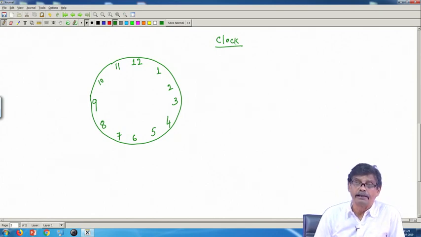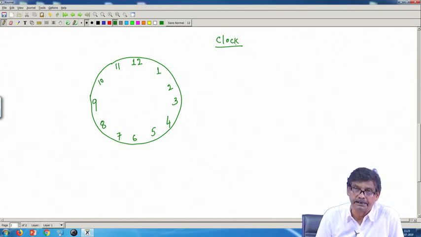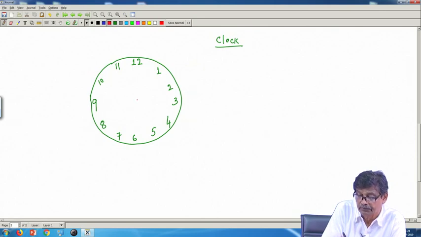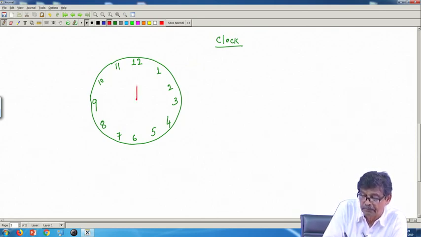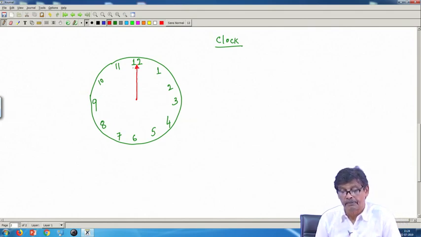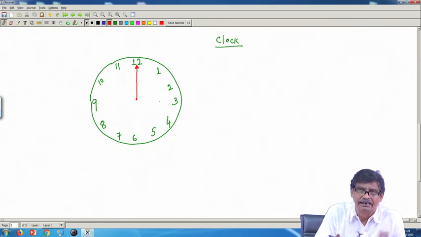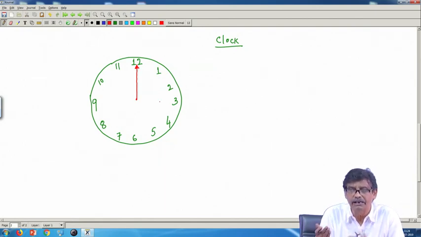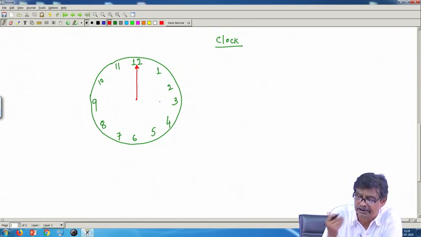And there will be two hands, hour hand and minute hand. Minute hand is longer. So, suppose the minute hand is in the position of 12. Hour hand could be anywhere in our usual clock. I mean, minute and hour hand both can be anywhere, and you get the time.